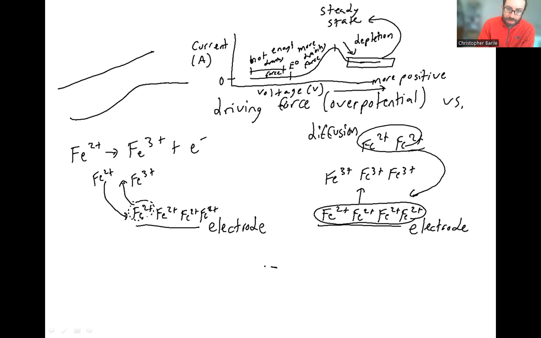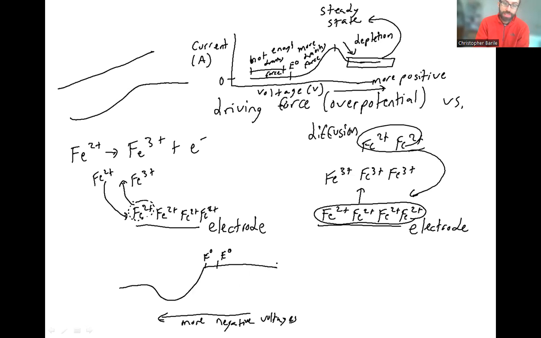Of course, the exact same thing happens when you have a reductive current, where you have these regimes, but now things are flipped. We're going to more negative voltage. So if we're thinking about iron 3 going to iron 2, negative voltages go to the left. We have not enough driving force. Maybe E naught is somewhere here. It could be here. It depends on the kinetics of the process.